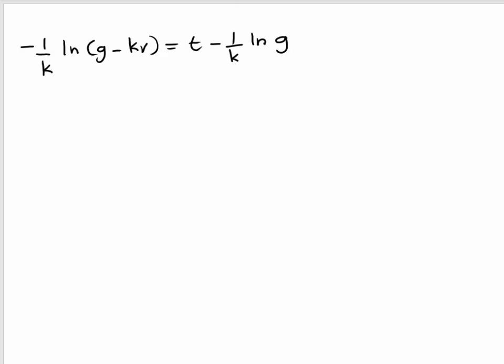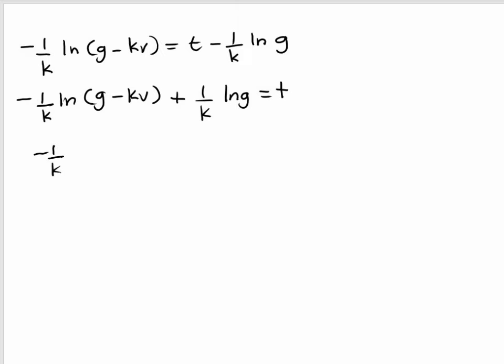Now I'm going to collect together the terms with ln. So we have negative 1 over k ln g minus kv, plus 1 over k ln g, equals t. Then we can factorize negative 1 over k. So now we have ln g minus kv minus ln g, equals t.